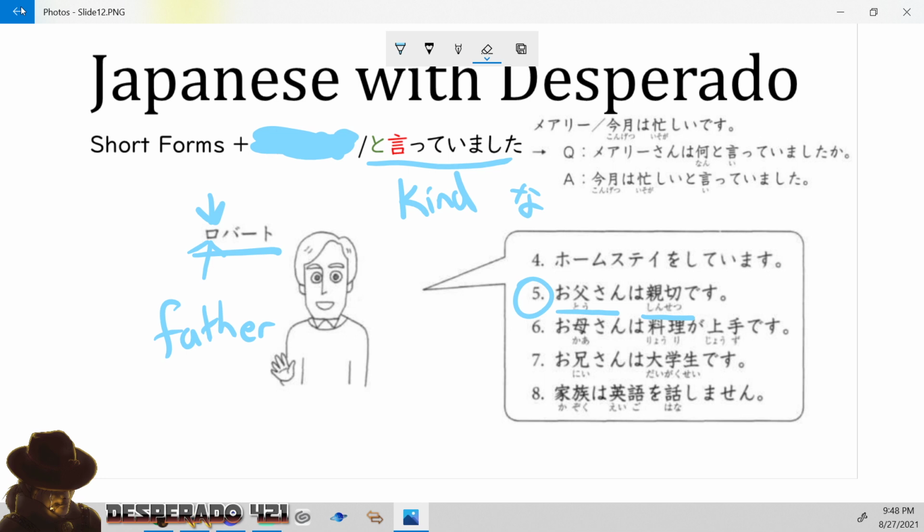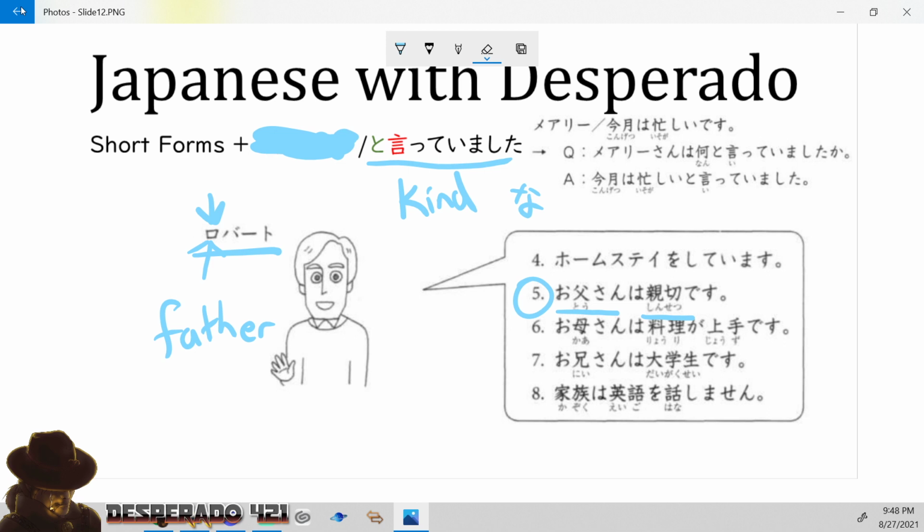Very good. One more time. Robato-san wa, Oto-san wa shinsetsu da to omoimasu. To iimashita. That omoimasu one. Let's try one more time.